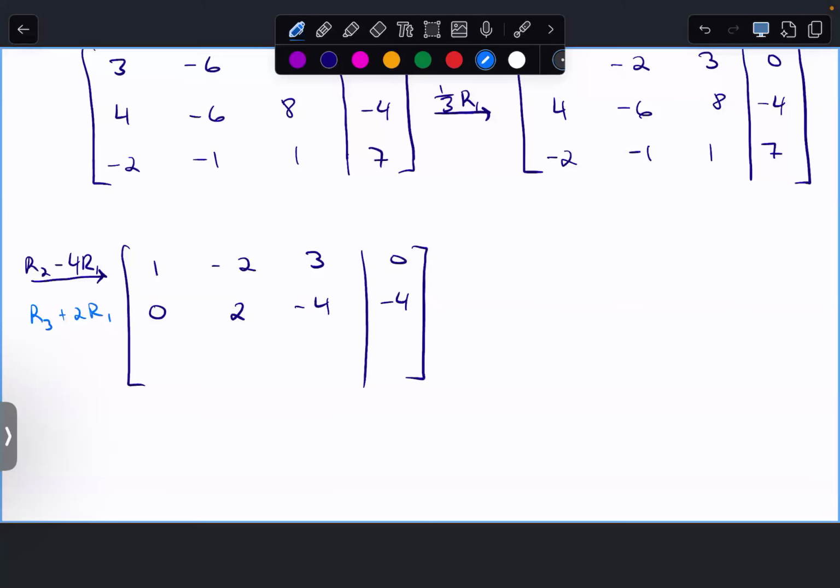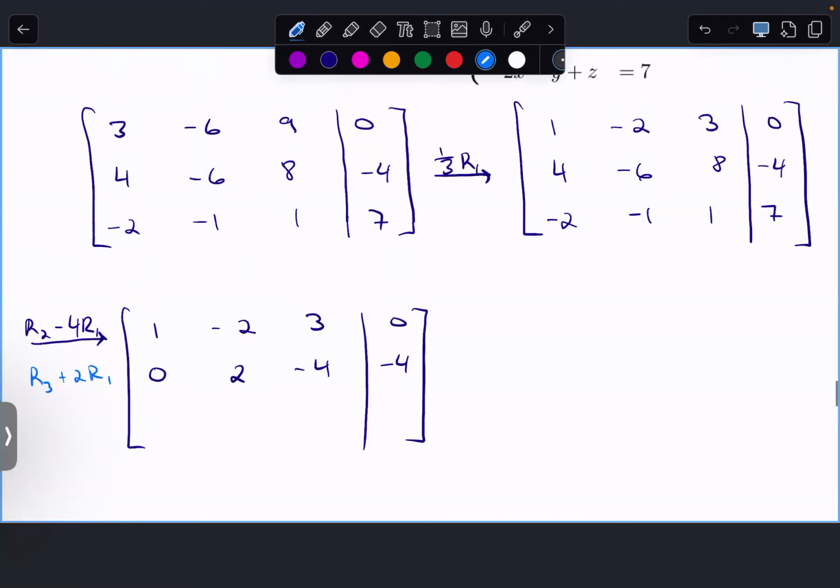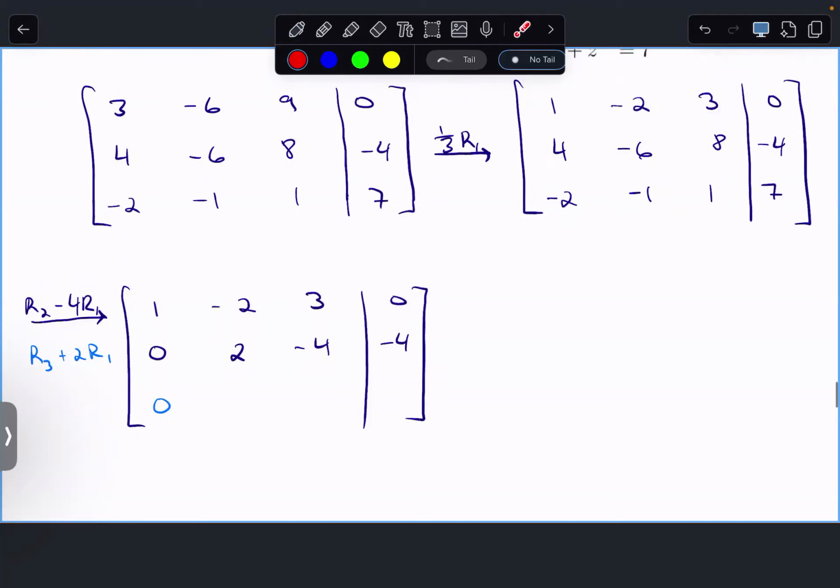And so then I have -2 plus 2 times 1, 0. Being careful that you don't switcheroo these equations. Right now we're working with R3 plus 2 times R1. And if you want to break it up and do just one move per matrix, that is a-okay.